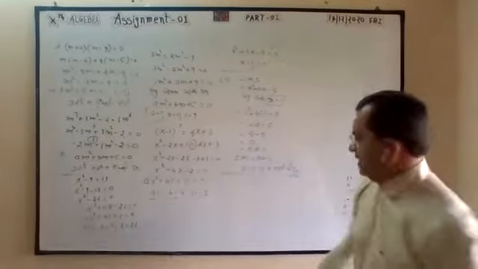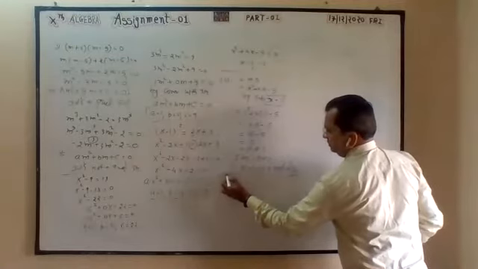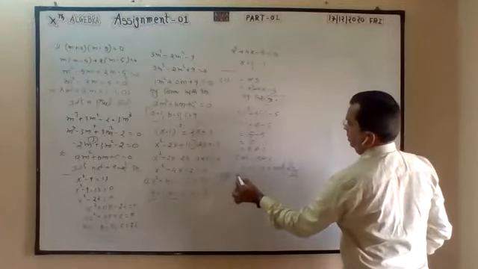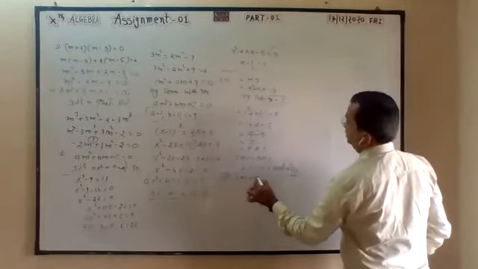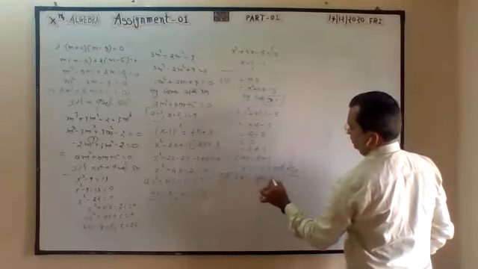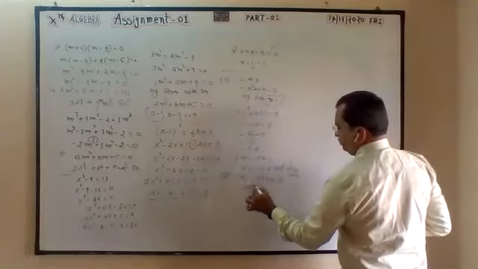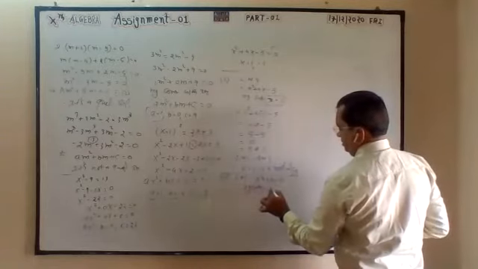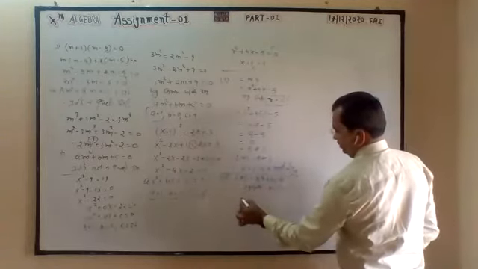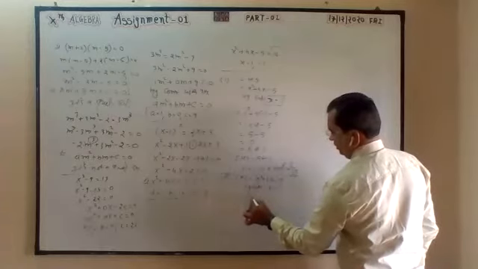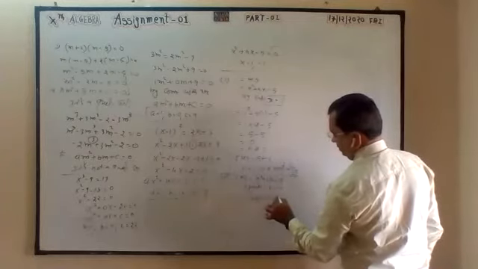Now again for the second correction. Left hand side, same. x square plus 4x minus 5. Now by substituting x is equal to minus 1. So minus 1 square plus 4 times minus 1.